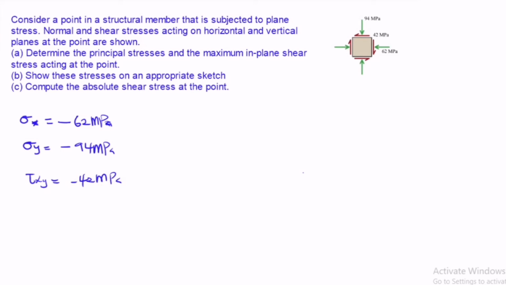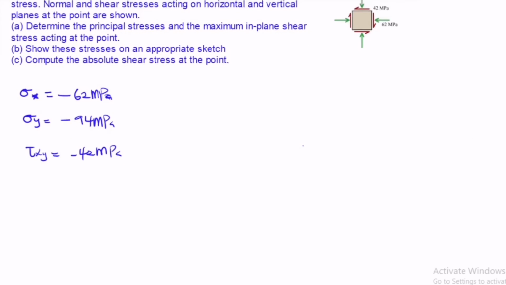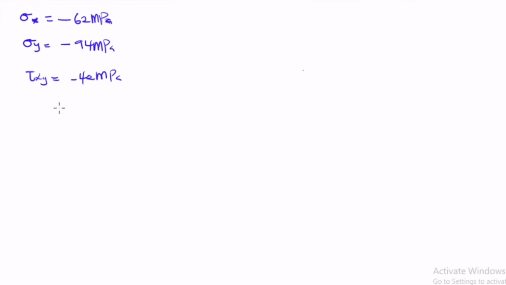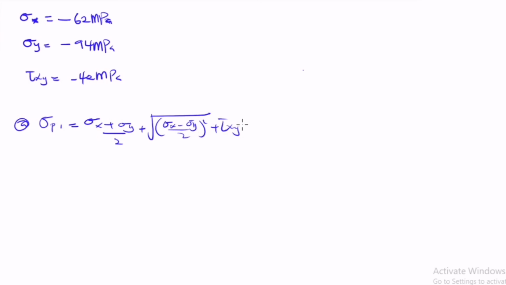So from this, we're going to solve our values. Now from this, we determine the principal stresses. We know that for A, principal stress 1 is going to give you, as the formula goes, sigma x plus sigma y divided by 2, plus the square root of sigma x minus sigma y divided by 2, all squared, plus tau xy squared.